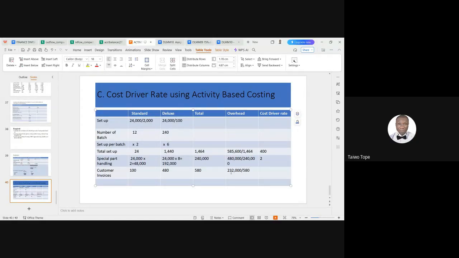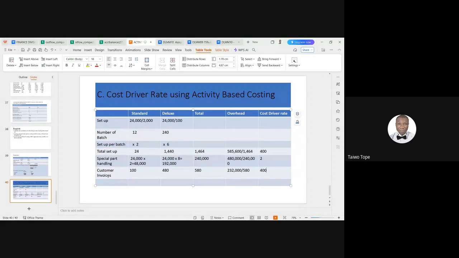And the cost driver rate will now be what? 400. Hope this is clear.